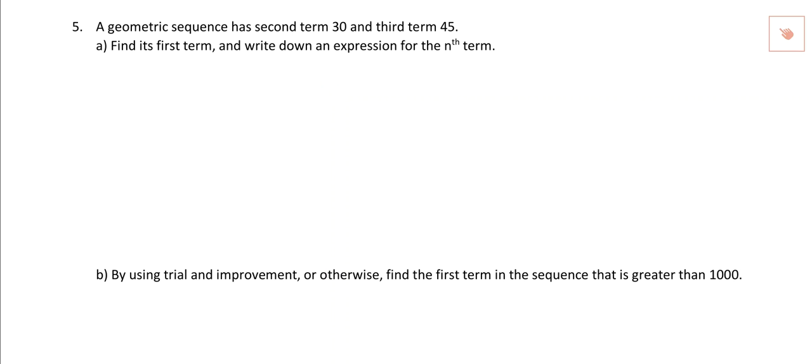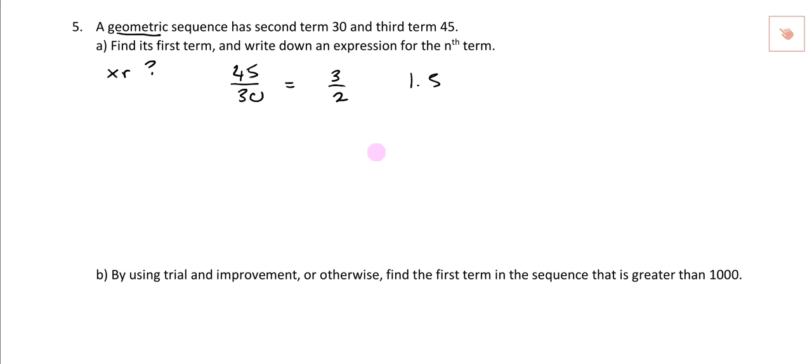A geometric sequence has second term 30, third term 45. Find its first term, and write down the expression for the nth term. Easy enough, right? It's geometric, so we need to find out what we multiply by. So we just do 45 divided by 30, and we end up with 3 over 2 or 1.5.